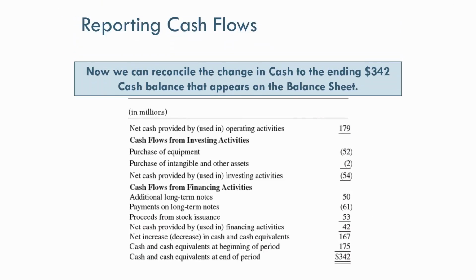Now, we can go back to this, and they're calling this reconciling. I don't really think we need to talk about what reconciling or reconciliation is at this point, other than to say that this 342 million is the same balance that appears on the balance sheet. Again, operating, investing, financing.